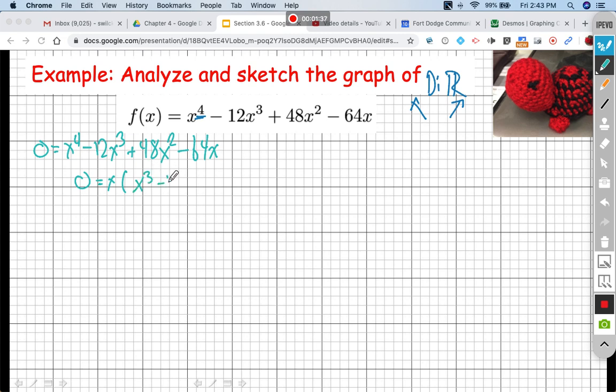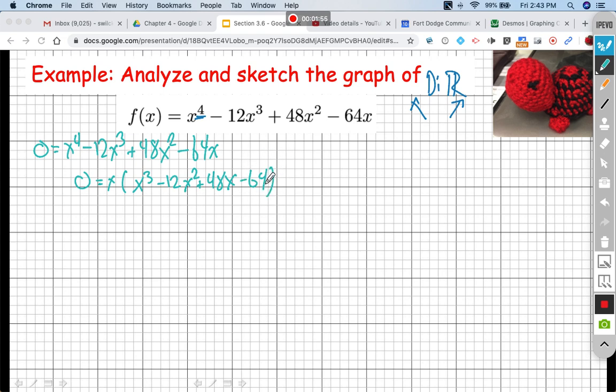That leaves x to the third minus 12x squared plus 48x minus 64. Now I have to figure out how to factor this one. If you're really good with your patterns, you might recognize this. Otherwise, we're going to go back to some guess and check.